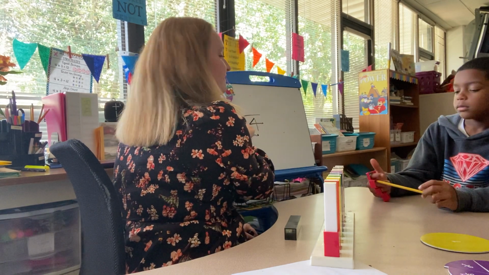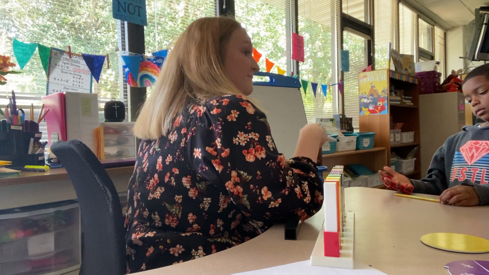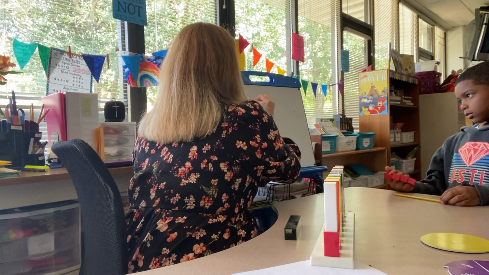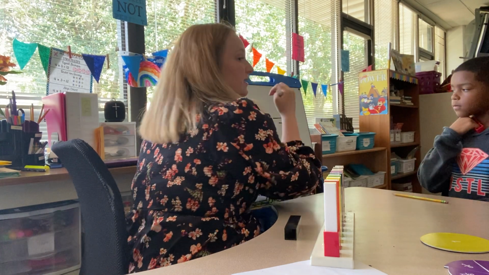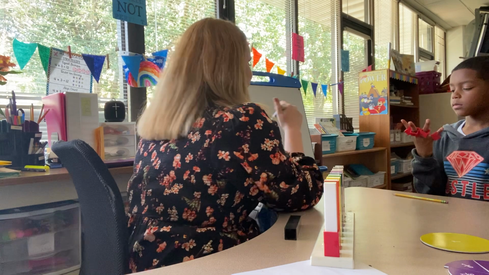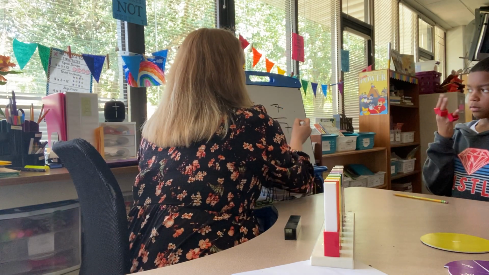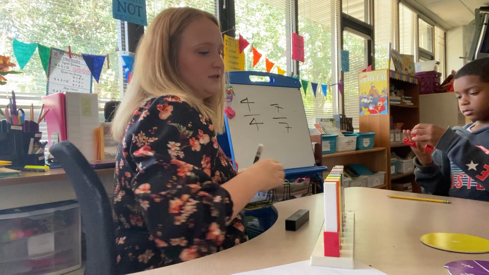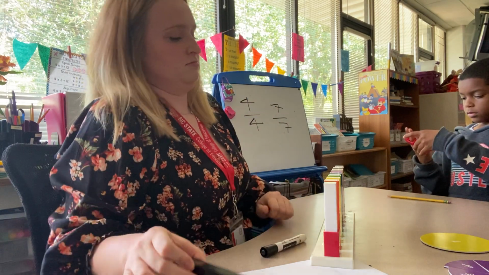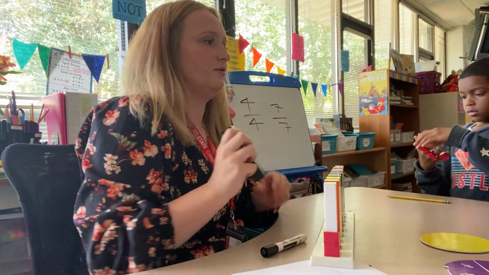So I have 4s. How many 4s do I need to make 1? 4. Let's say I have 7s. How many 7s do I need to make a whole? 7. So we want the denominator to match the numerator. Good job.